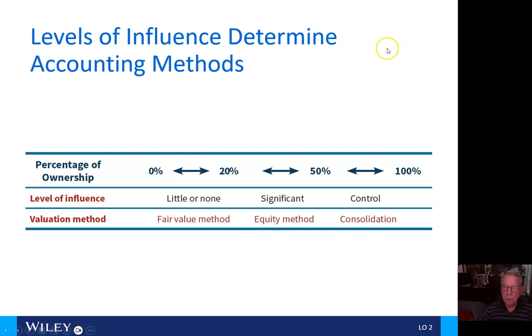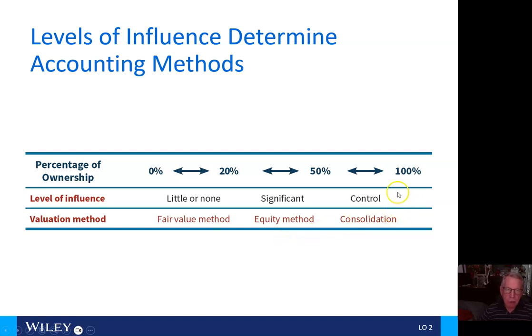Okay, let's take a look. So, the levels of influence determine the accounting method. If our percentage of ownership is 0 to 20, the level of influence is little or none. Our valuation method then is going to be the fair value method. Now, if it starts to get significant in its level of influence, usually around 50% is that demarcation, we're going to shift to the equity method.